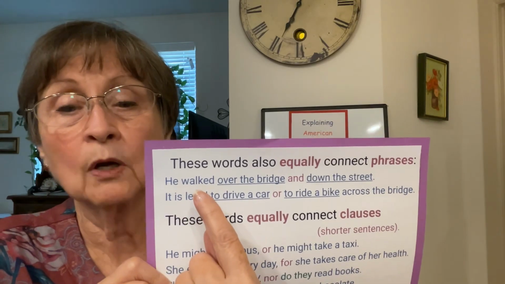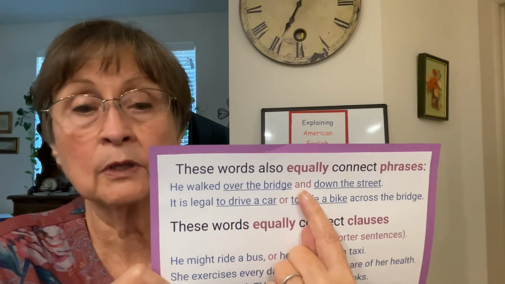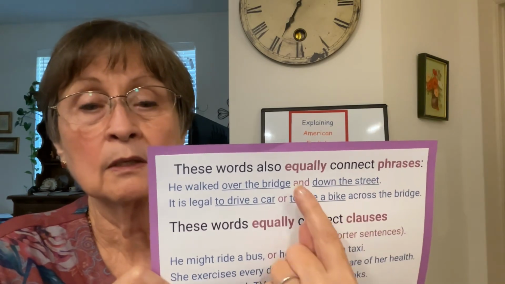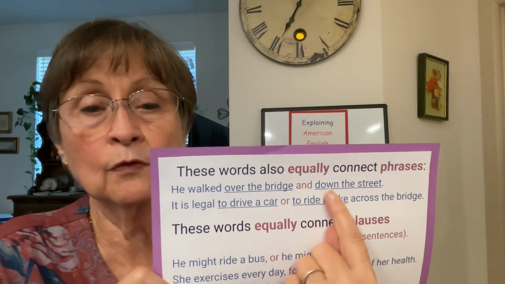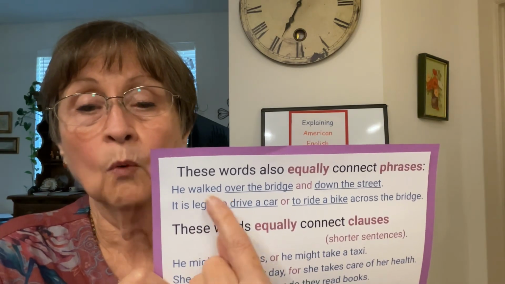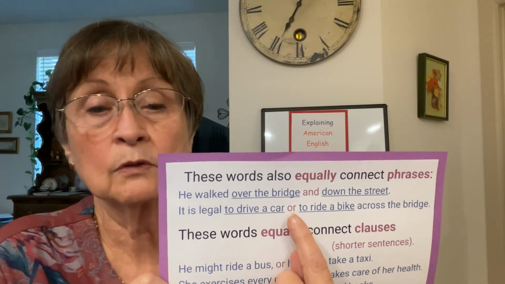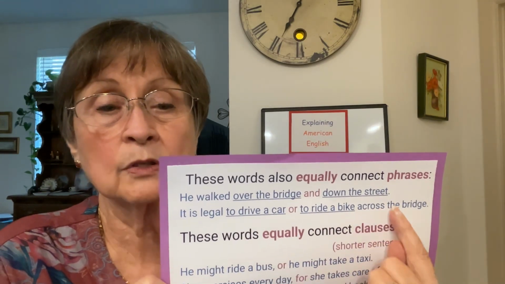He walked where? Over the bridge, and where else? Down the street. This is the equal connector of two phrases. It is legal, what? To drive a car, or what else? To ride a bike across the bridge.